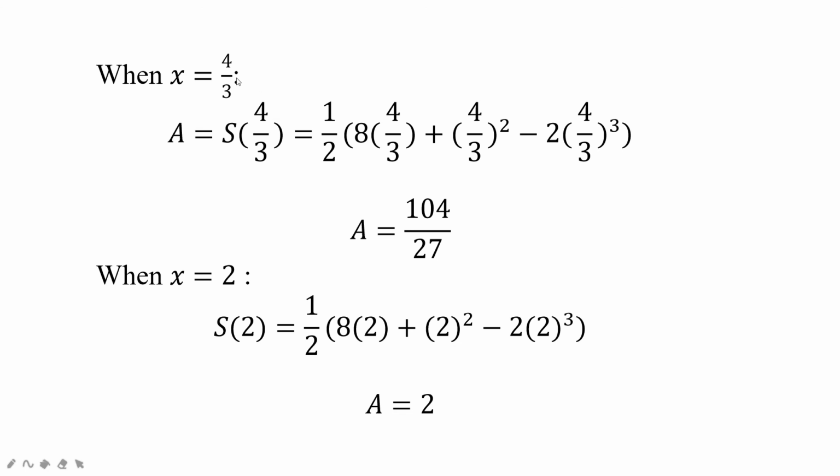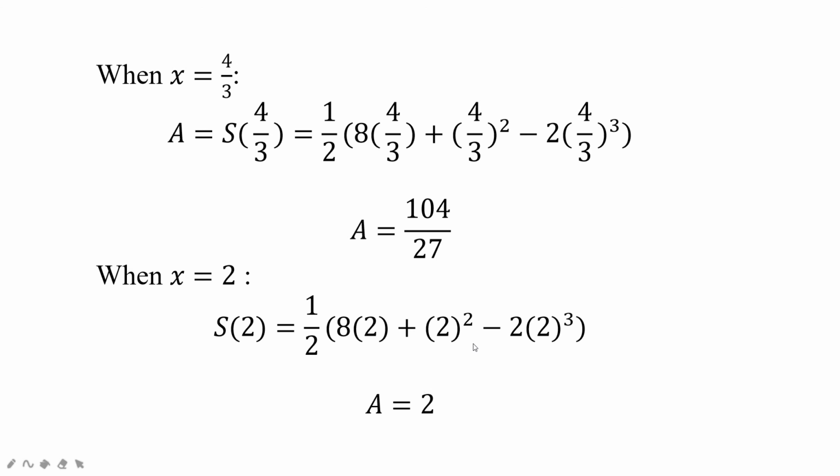So we substitute our candidates into the function, and we get two different answers, and we compare these two answers. One of the answers is A equals 104 divided by 27 when x equals 4/3, and we get A equals 2 when x equals 2.